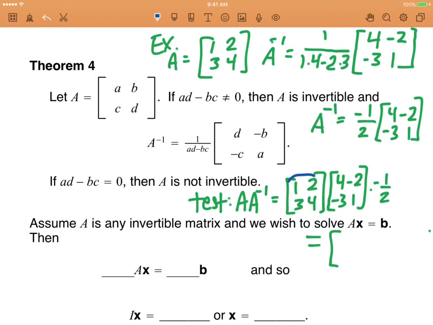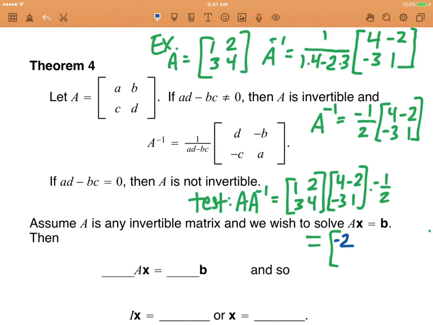Okay, so if I do 1, 2 times 4, 3, if I do that dot product, then it's 4 minus 6, which is -2. And I'm going to erase those. And that's a -2 that goes there.